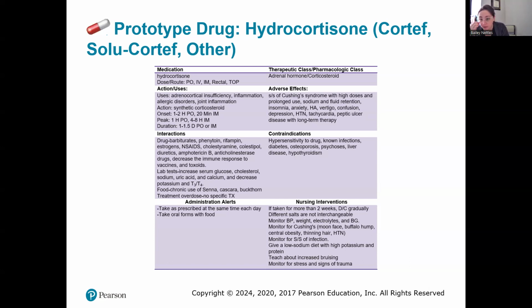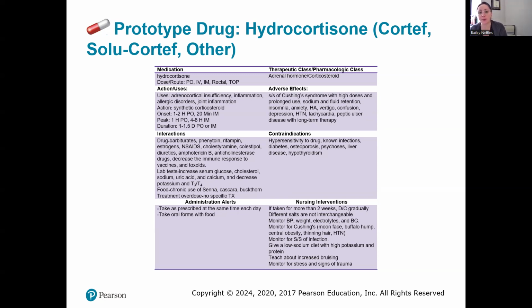Also want to avoid anticholinesterases, diuretics. It decreases the immune response to vaccines and toxoids. So lab tests, it can increase your serum glucose, cholesterol, sodium, uric acid, and calcium, and decrease your potassium and your thyroid.